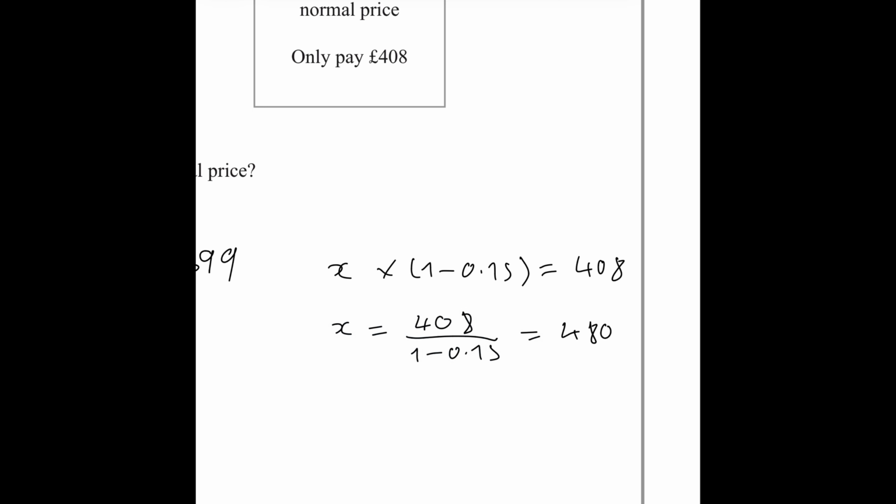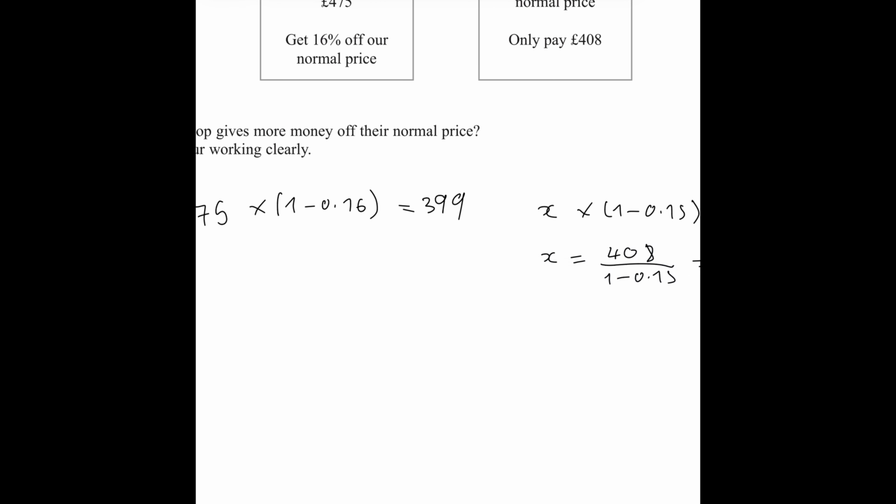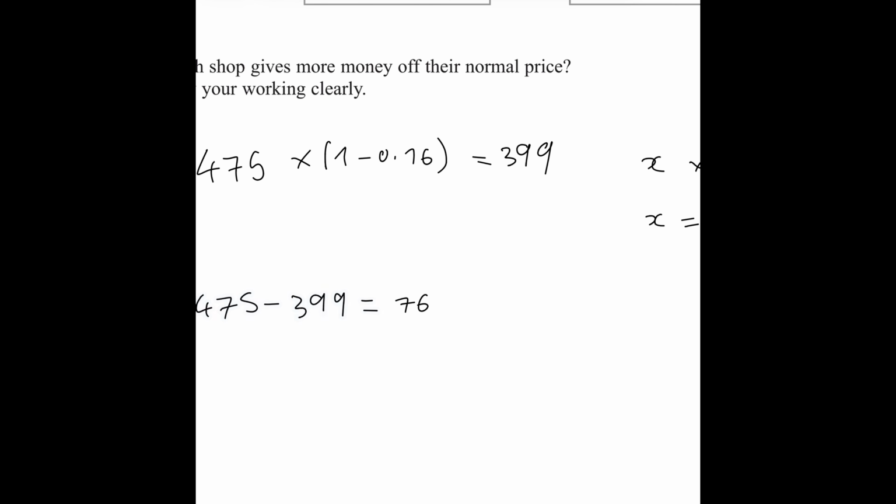480. Now the question is not over because it's asking us which shop gives more money off their normal price, not which one is the cheapest. So let's do normal price of Shop A minus discounted price, which is going to give us £76.